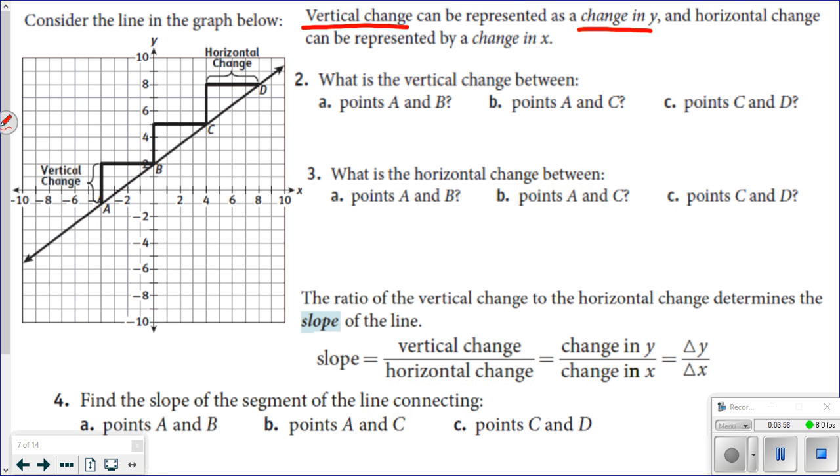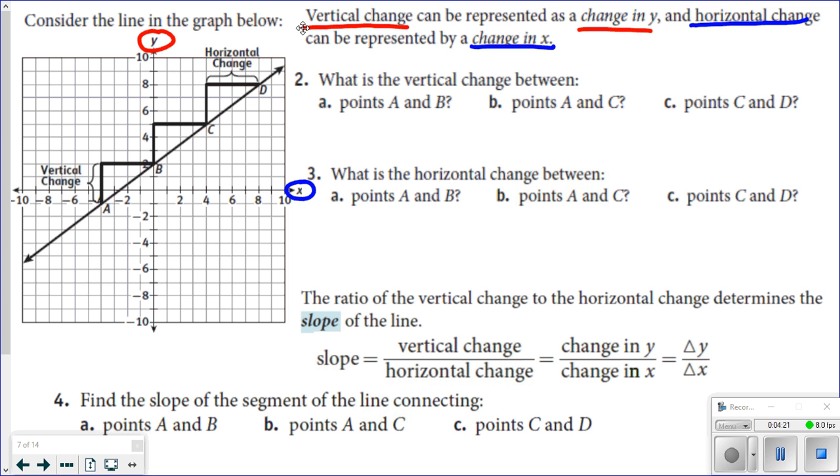Vertical is up and down. So it makes sense that it's the change in y, because look at where your y-axis is on your graph. Horizontal change is from side to side, left to right. That's the change in x. So there's my x-axis.